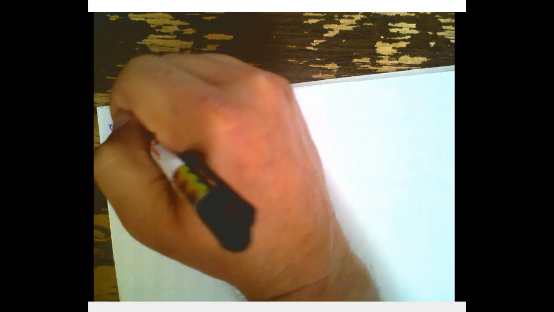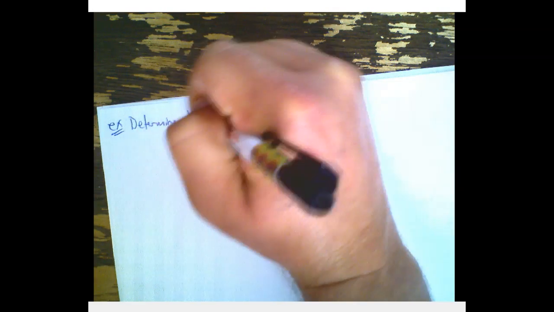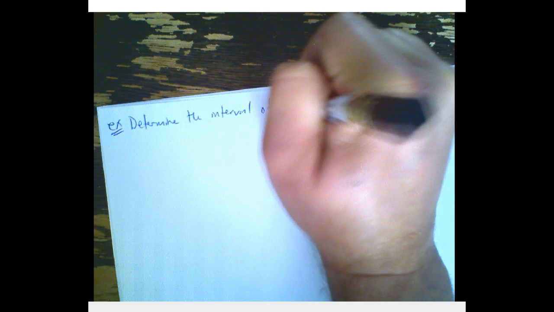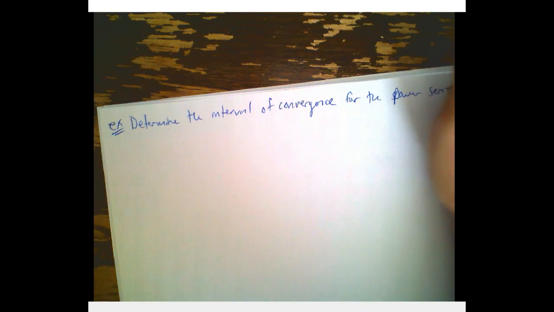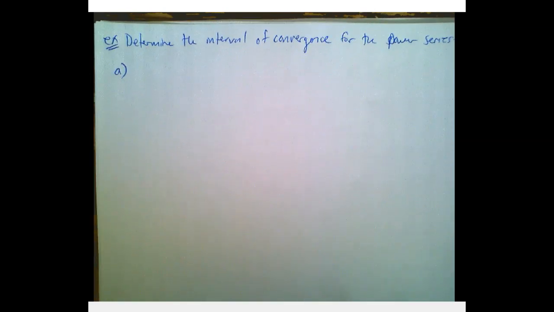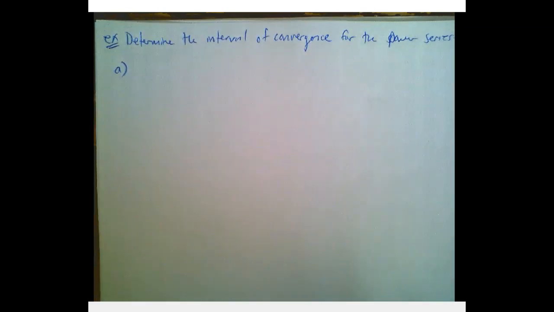So we want to determine the interval of convergence for the power series. So let's start with that example. The sum from n equals 0 to infinity of x to the n.